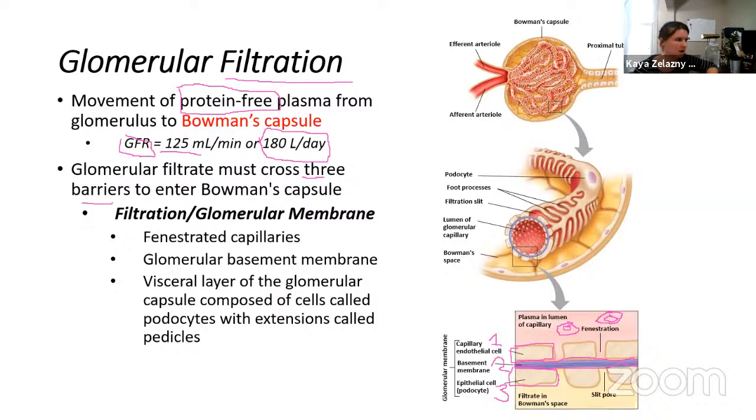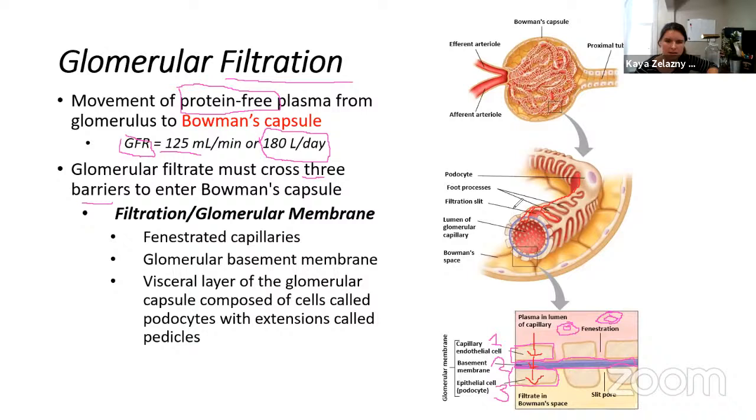So when we are trying to get filtrate, the contents of the plasma, into Bowman's space, we're going to have to go through the capillary endothelial cell, through the basement membrane, through the podocytes. Because these are fenestrated capillaries, it's pretty easy. These podocytes are weird looking. They have these long processes, and they have these foot processes or pedicles that branch off of them.